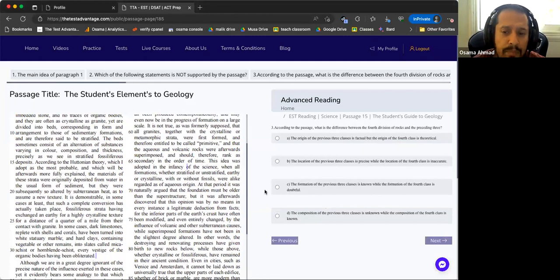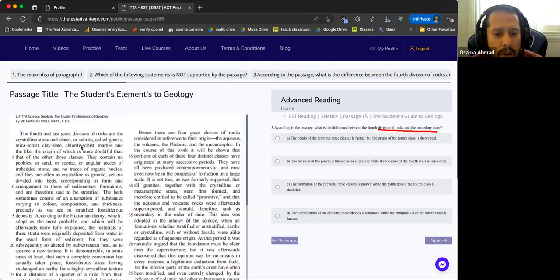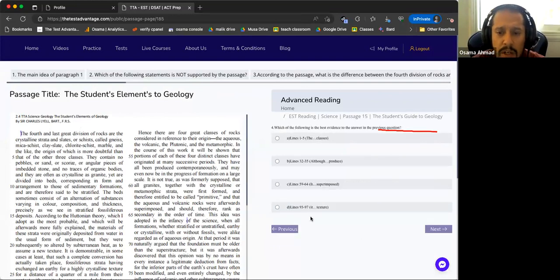Question number 3. According to the passage, what is the difference between the fourth division of rocks and the preceding 3? جت في البداية. If I remember correctly, وده كسؤال evidence برضو, right? بيقول لي the fourth is doubtful. وده سؤال evidence, right?